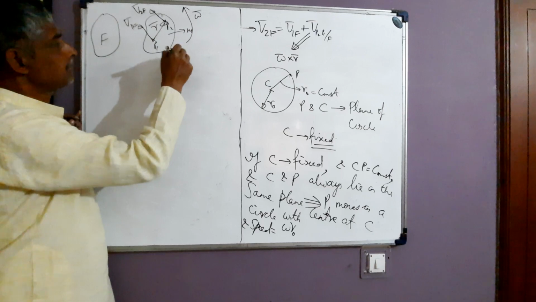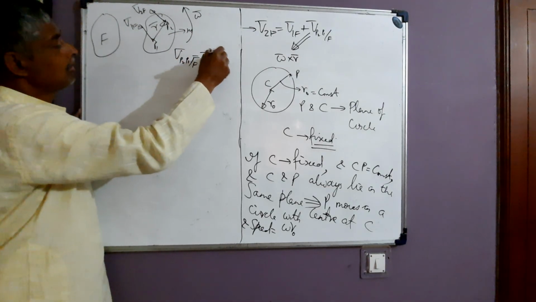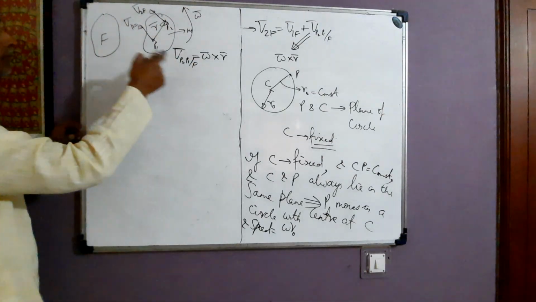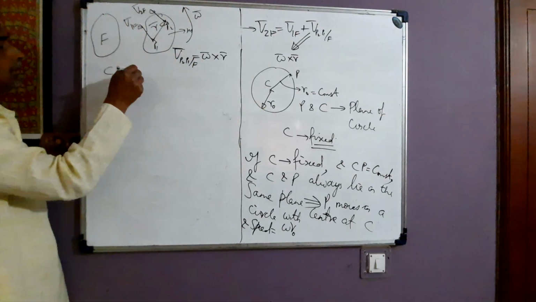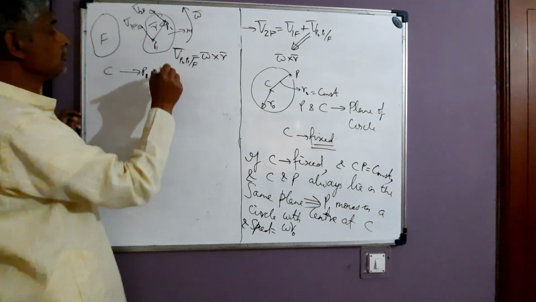Now we already know that the velocity of P2 with respect to P1 in frame F is just equal to omega cross R. So now instead of C we take P1 and instead of P we take P2.